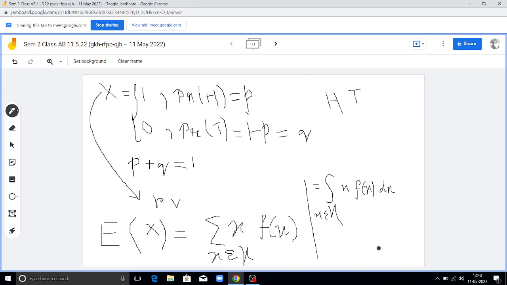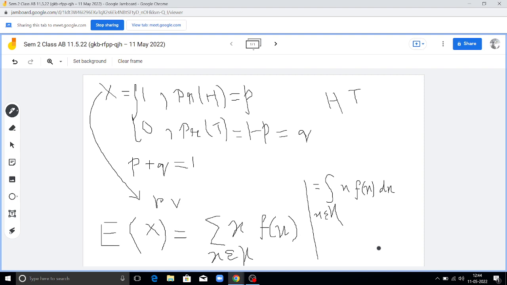Examples of discrete random variables, like here, X takes up the value 1 or 0 for appearance of head or tail, and where can we get X as a continuous random variable? For example, if X takes up the heights of the different students in your class, then it can take the value between 4 to 6 with all possible decimal points in between, like 4.26, 4.59, 5.23.